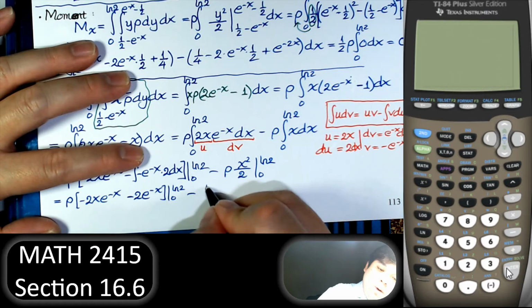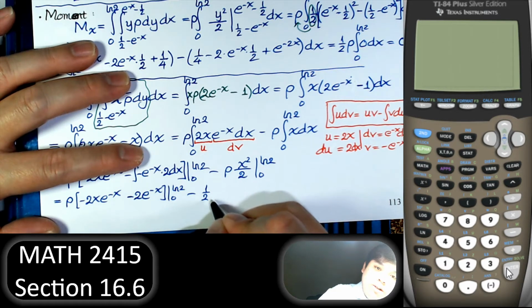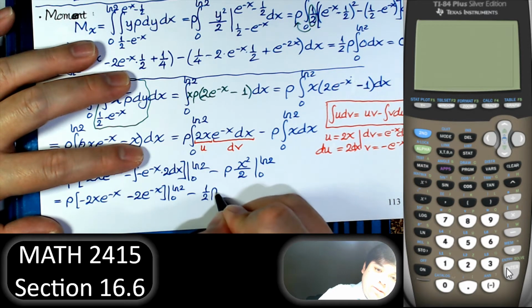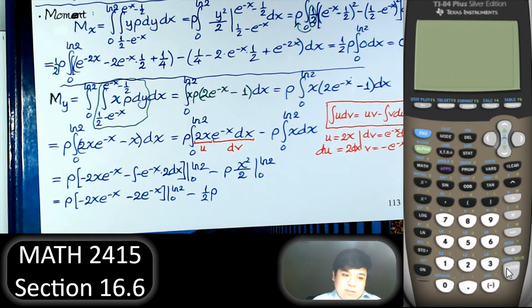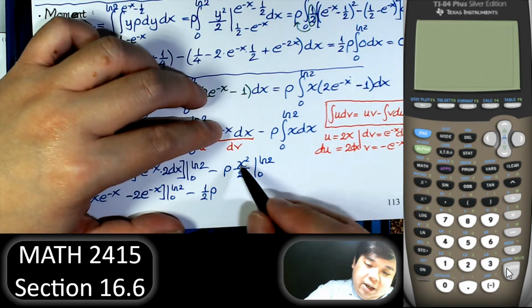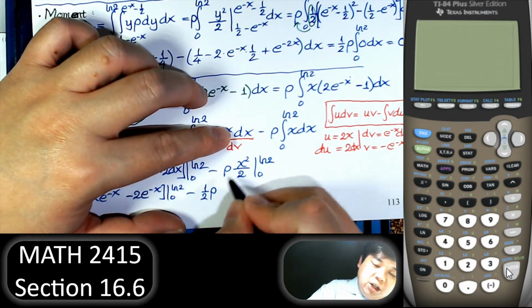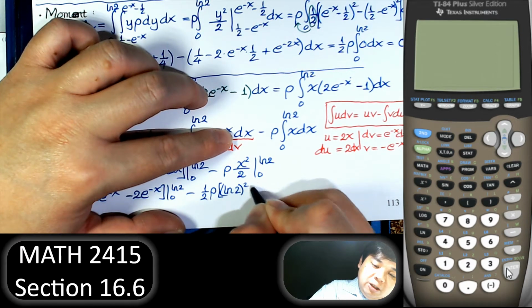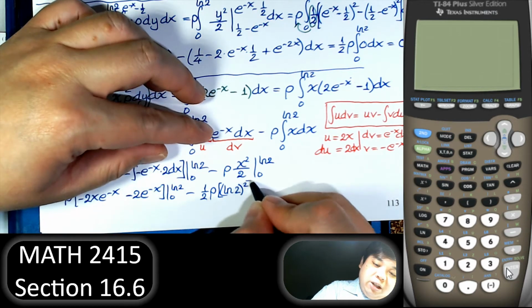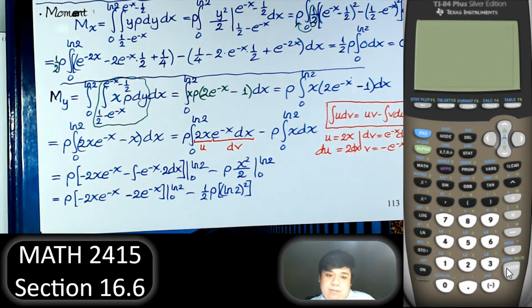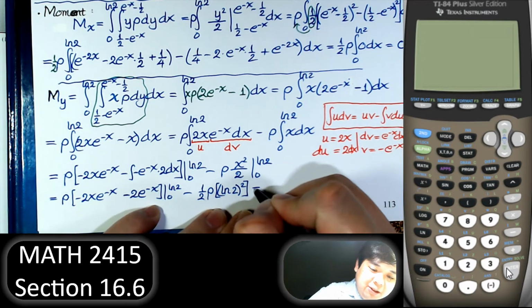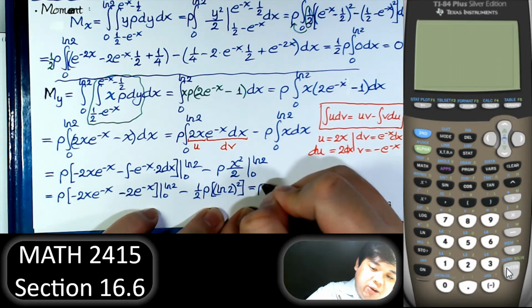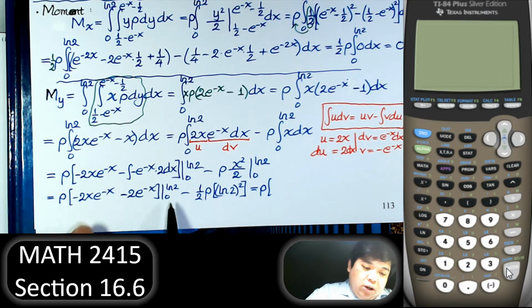Now this is 1/2 rho, and then we put in ln 2 squared, and then put in 0, we have nothing. Now we have rho. Put in the ln of 2.